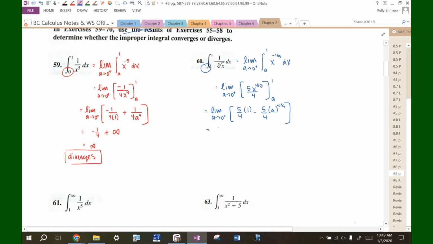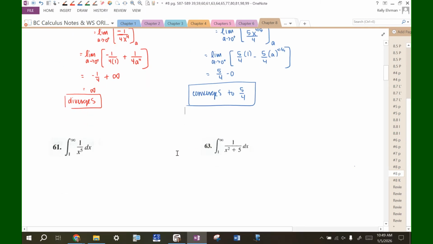A is 0, so we get 5/4 minus 0. So this integral converges, and it converges to 5/4. So not only do we know that it has a finite area, that's what converges means, but we also know what the finite area is.